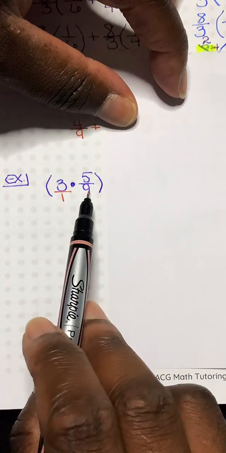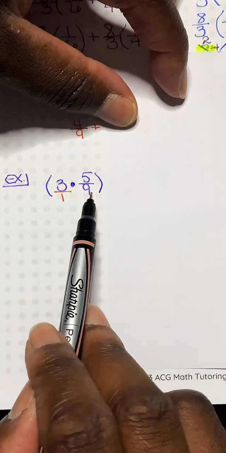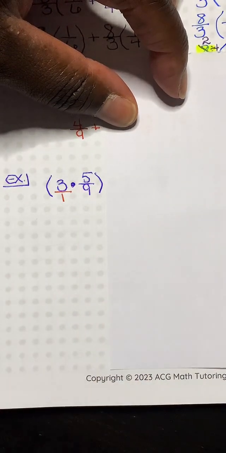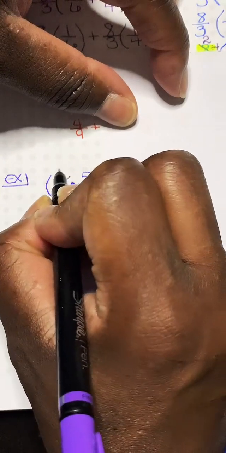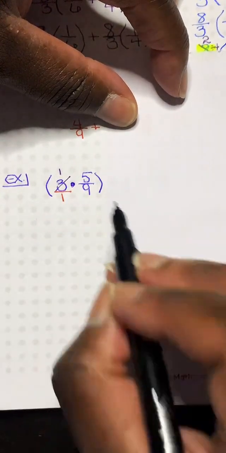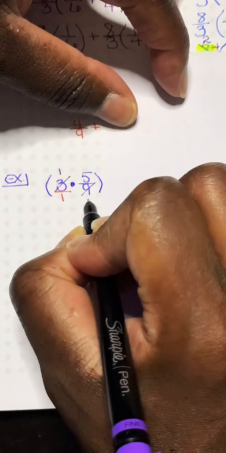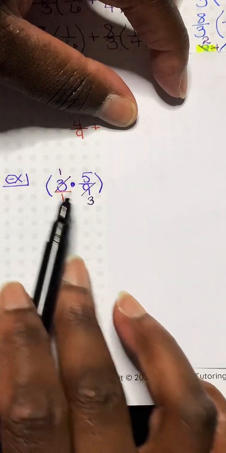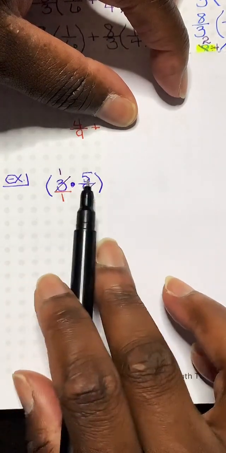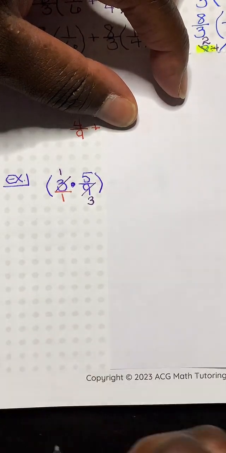Look, we have 3 and we have 9. Okay, both are multiples of 3. So if I divide this 3 by 3, I'm going to get a 1. If I divide that 9 by 3, I'm going to get a 3. So now that I simplified, I can go ahead and multiply straight across, horizontally.